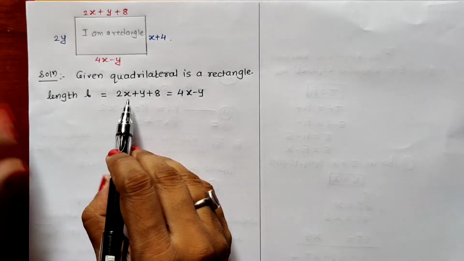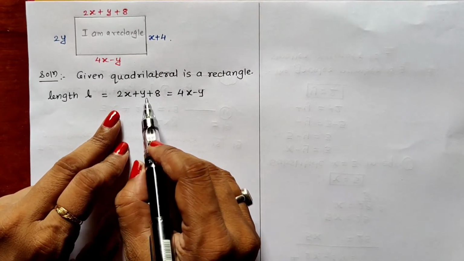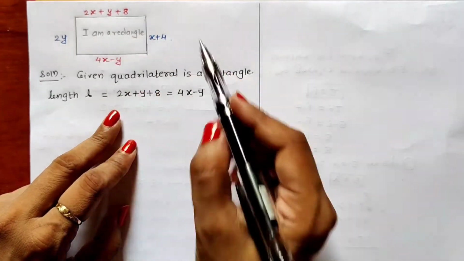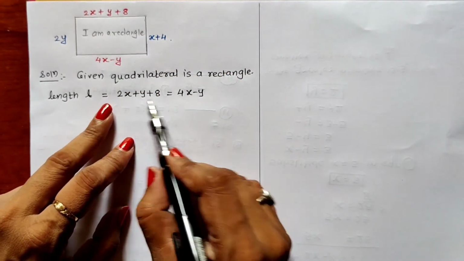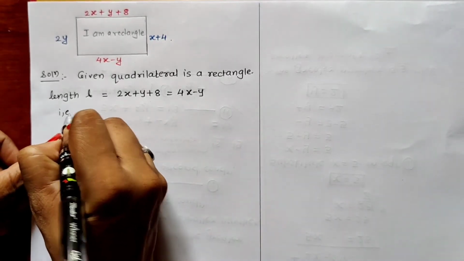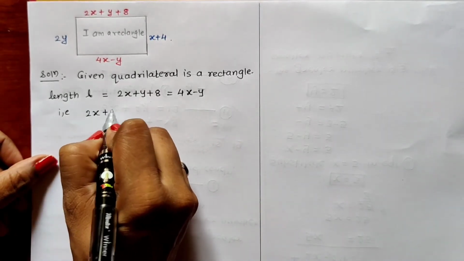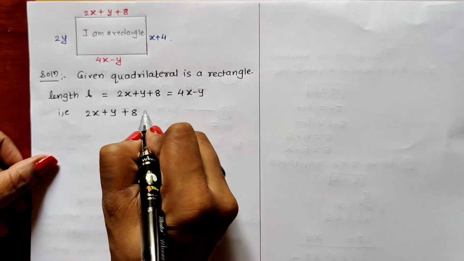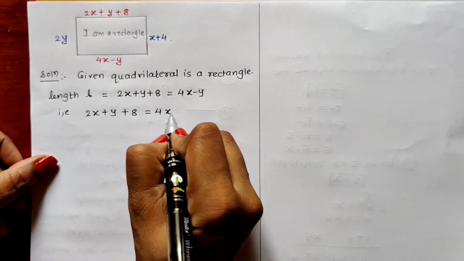Both these lengths have these measurements, 2x plus y plus 8 and 4x minus y. So they will be congruent. That means they will be equal. So 2x plus y plus 8 is equal to 4x minus y.